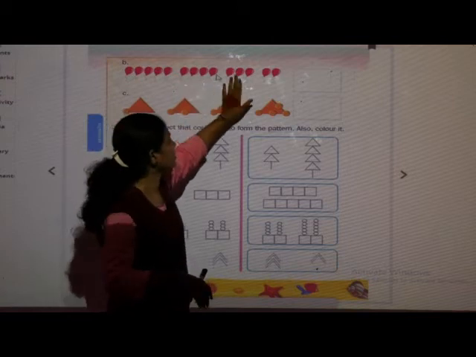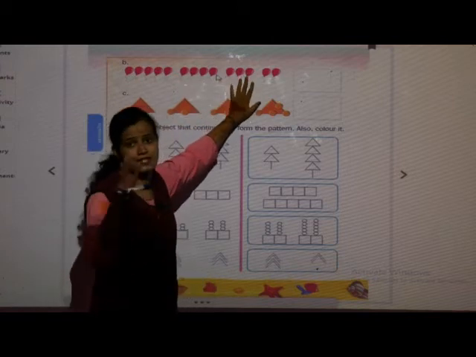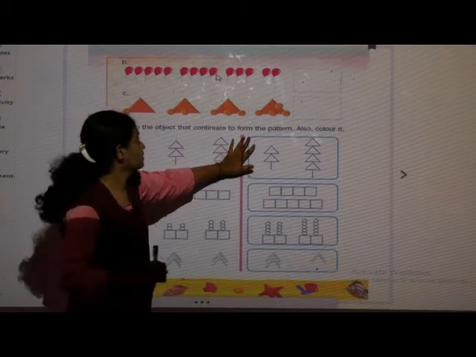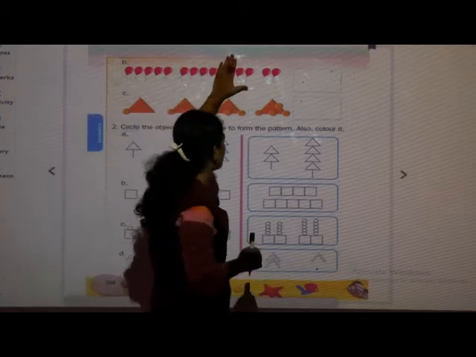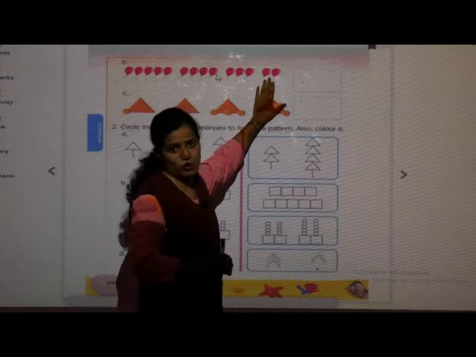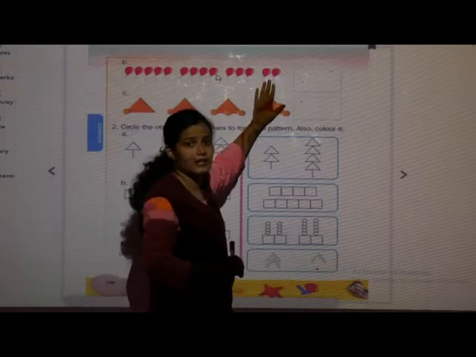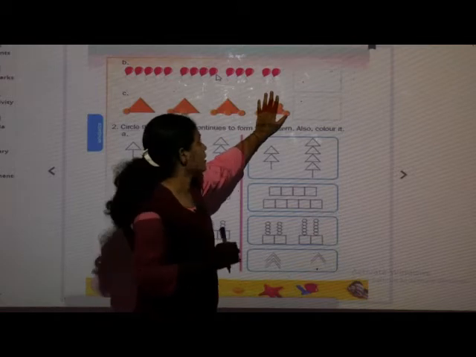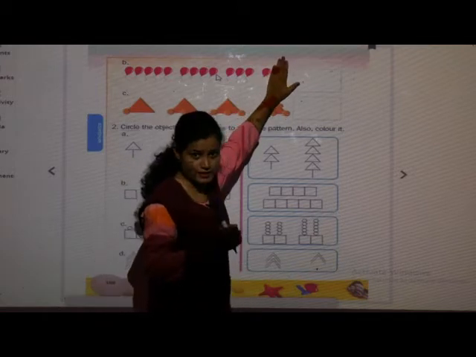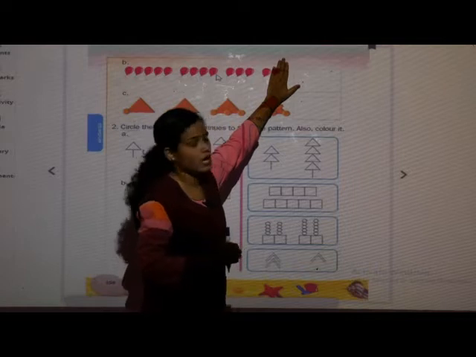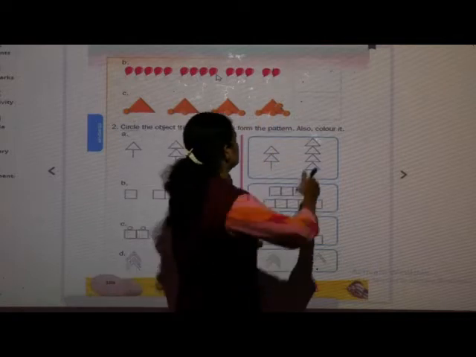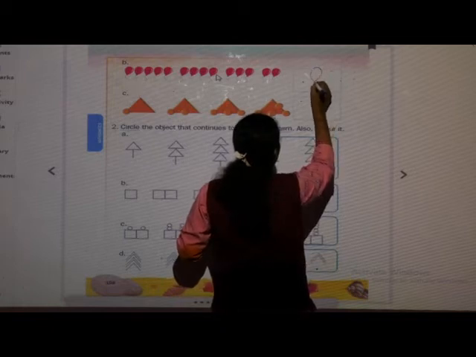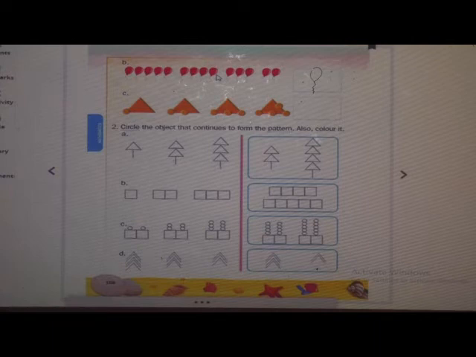Now here 4, so here 3 is there. 1, 2, 3. Again 1 is decreased. Then from 3, if 1 we take away, then 2. Then from 2, if 1 we decrease, then what comes? How many balloons? 1. So draw here only 1 balloon. Come on, do it fast.